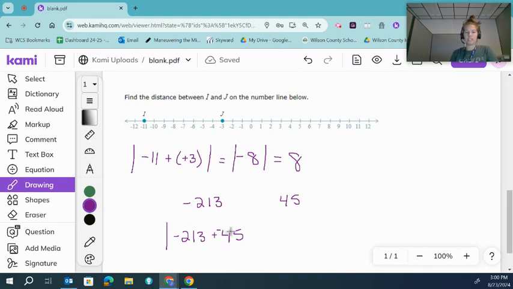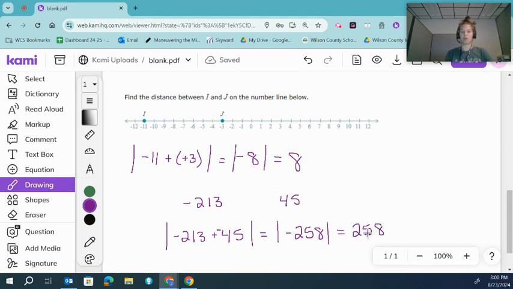That's plus -45, in which case I would add these. 213 plus 45 gives me 258. I get -258. So I take the absolute value of that, which means they are 258 spaces away.